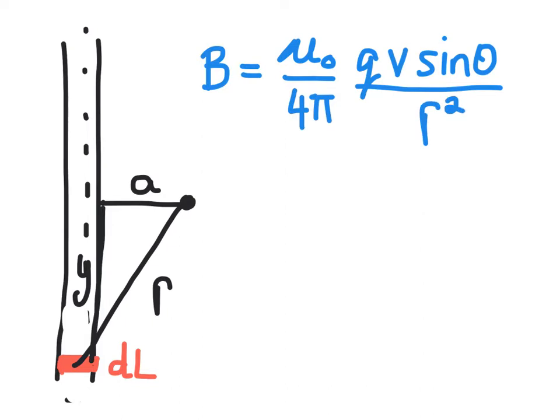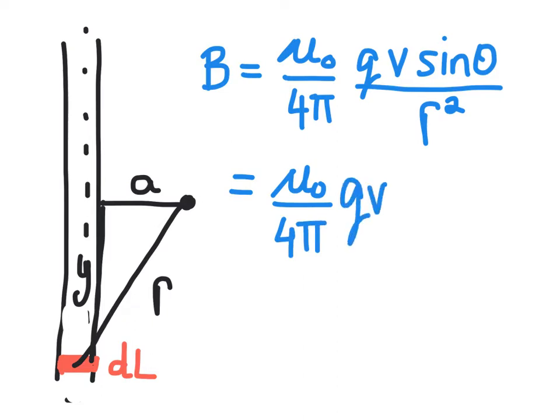Alright, now this is already a simplified version from the version that would be mu naught over 4 pi times QV cross R over R cubed. You may remember that cubic relationship. This shows the cross product here, which is where the sine theta comes from, and we've simplified it out.